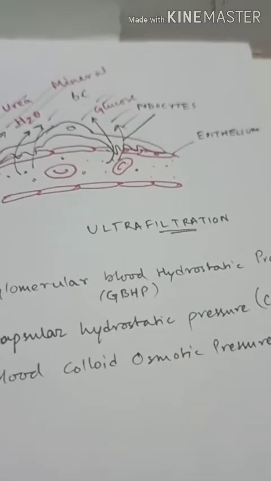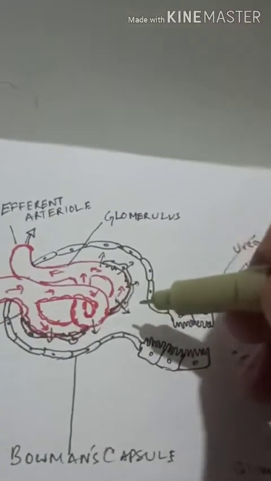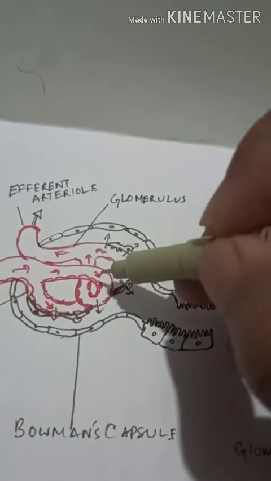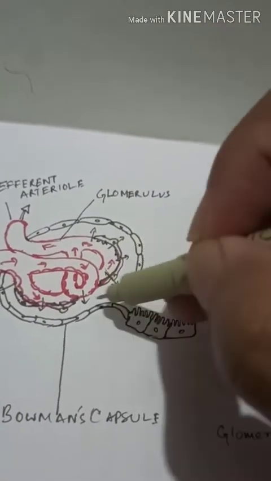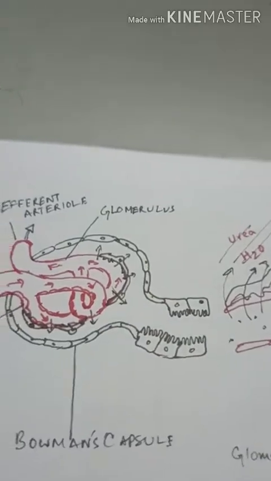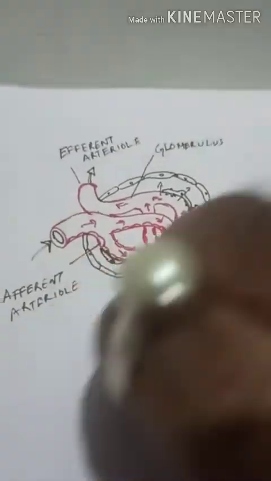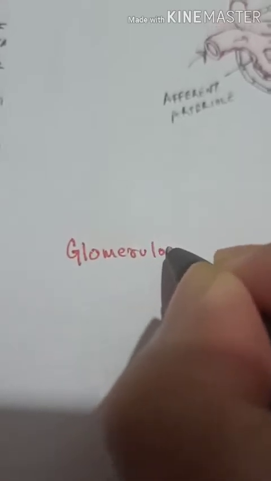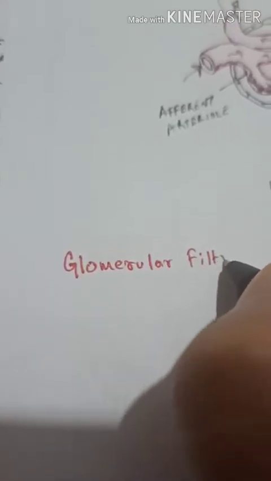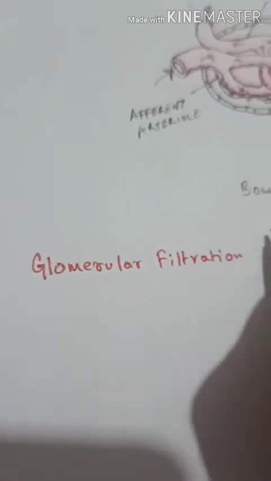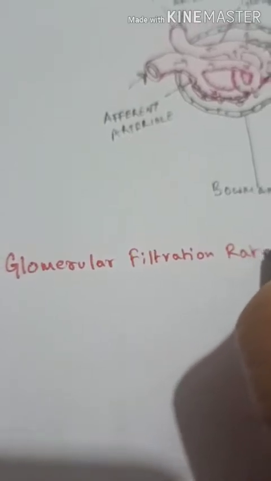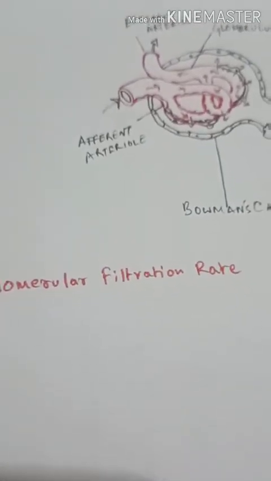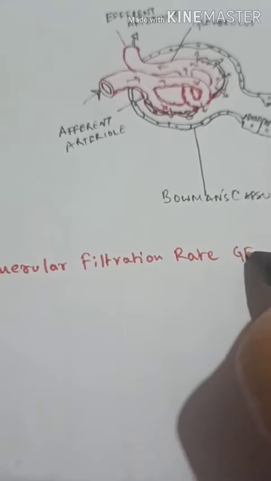Now when we talk about the amount of fluid that is going inside here, meaning the rate of the ultrafiltration, that process is known as glomerular filtration rate, GFR in short.